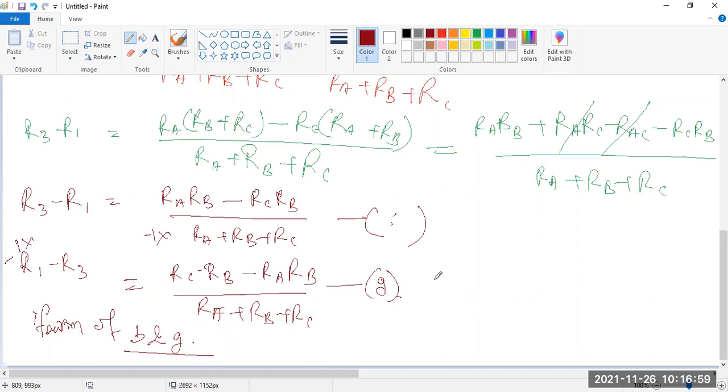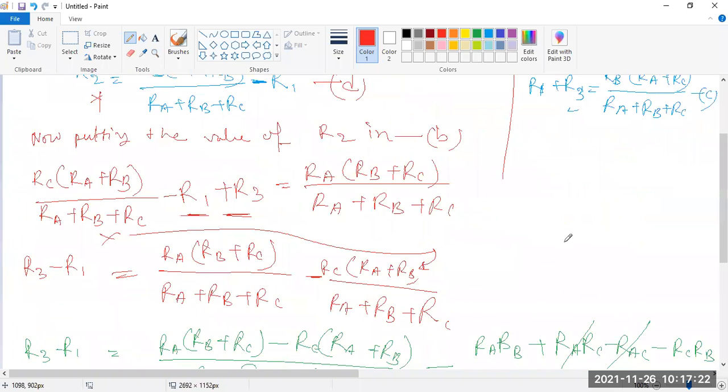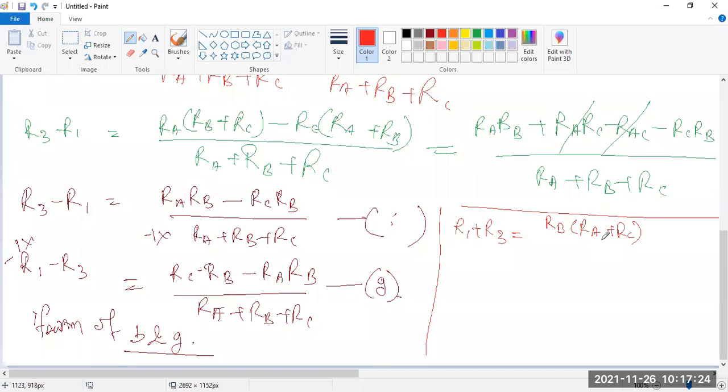Here you can write first B, R1 plus R3 equal to what will come? 1 and 3 is there, so RB is coming here. RB equal to RA plus RC. You can see this RB RC.